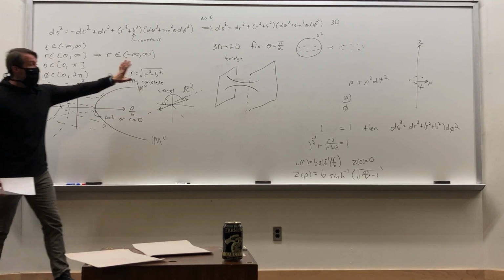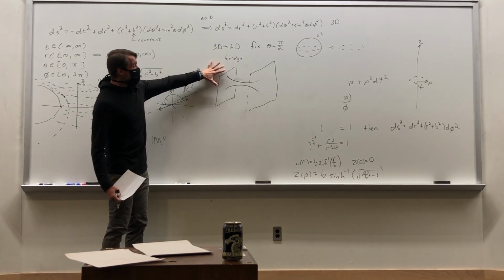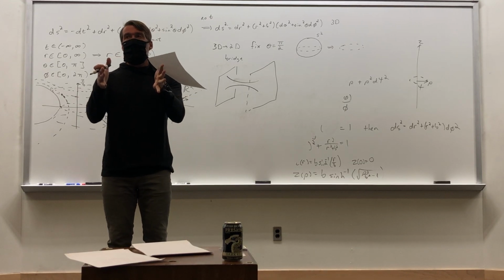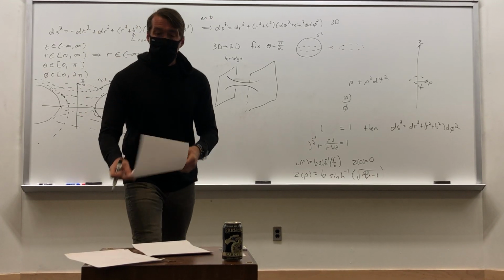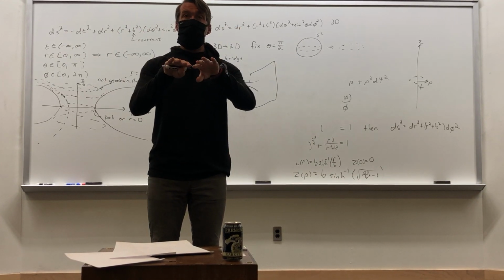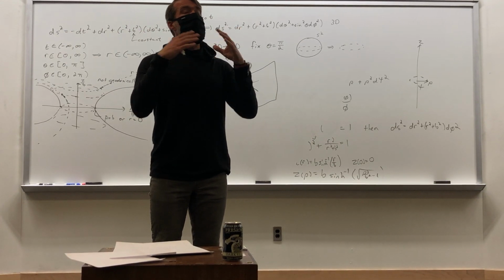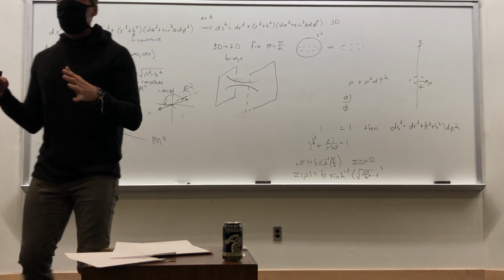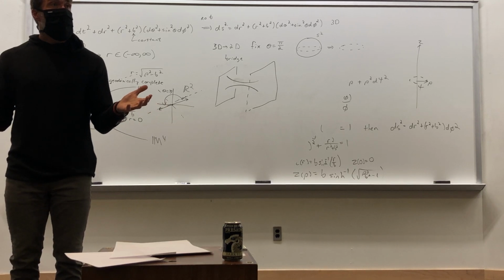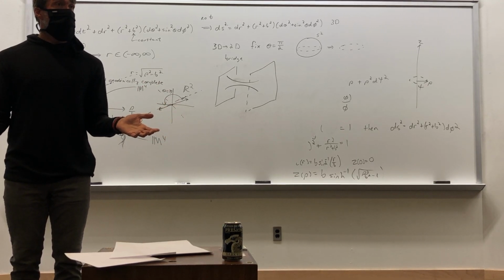But at any rate, what it's doing is it's taking 2 copies of flat space, and it's basically poking a hole in each of them and then smoothly connecting those 2 spaces. And the argument here is that this space, which we normally don't think of, can be a solution to Einstein's equations.